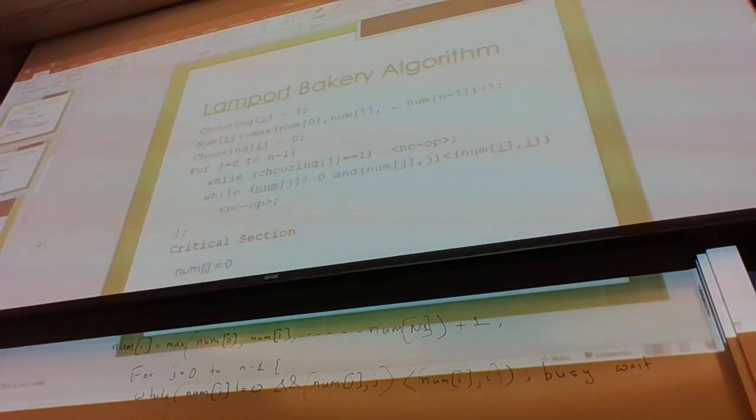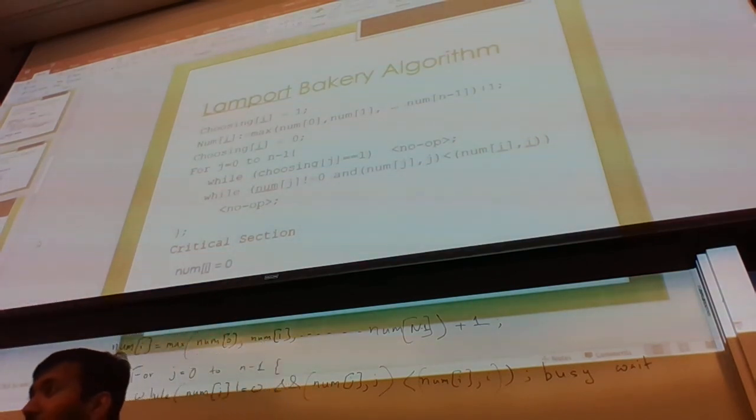It made choosing equals 0. So process 5 broke from that while loop, and then it goes to the second while loop. It sees that num2 is not equal to 0. Now it checks num2 comma 2 less than num5 comma 5.